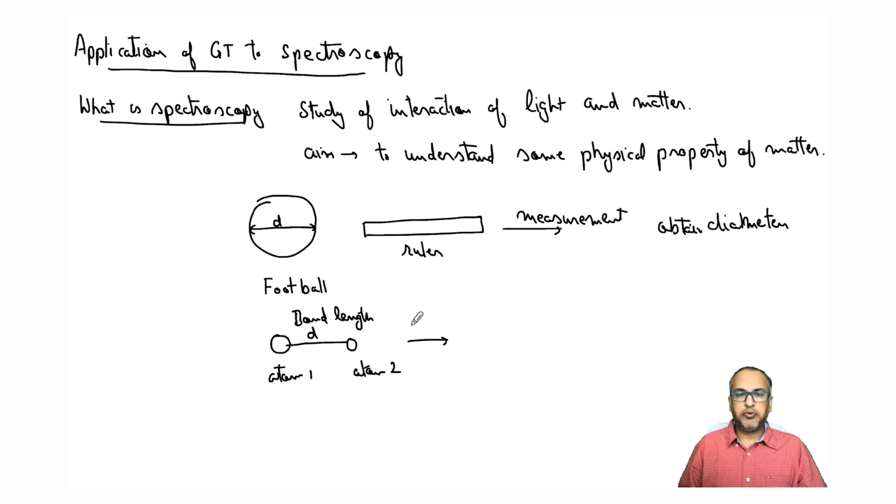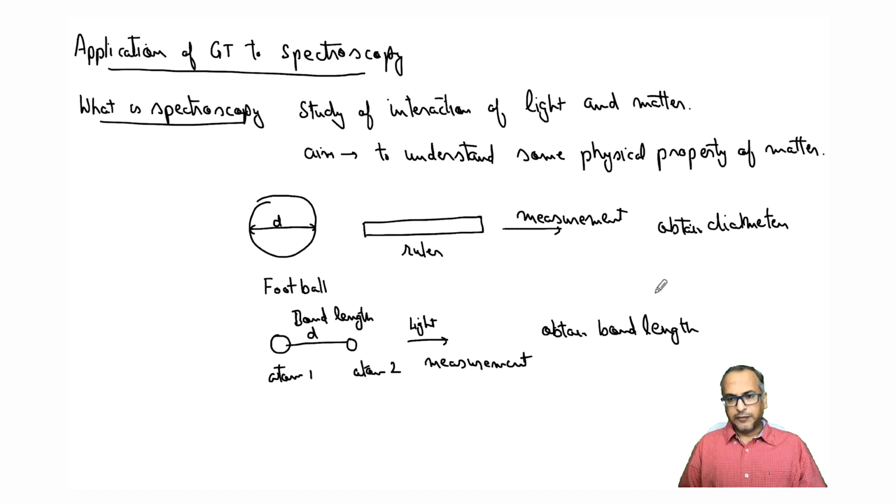Instead, you would shine some sort of light and do a measurement, and in the process you obtain the bond length. This is just one example of one physical property; there can be other examples. This process, the study of interaction of light with matter to obtain some physical property, is called spectroscopy.